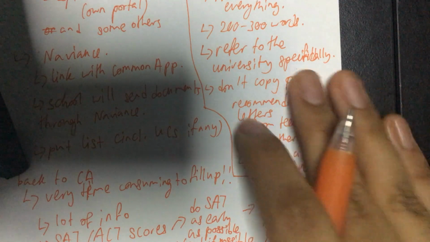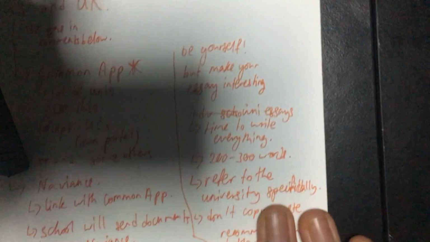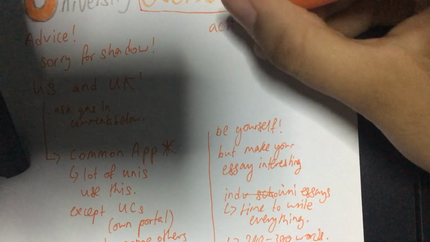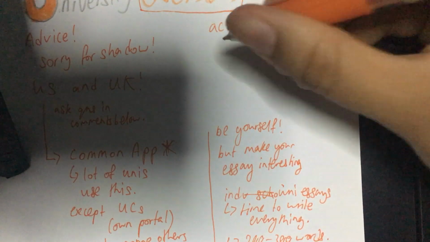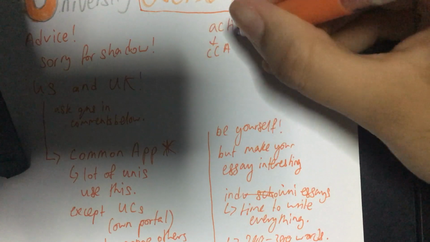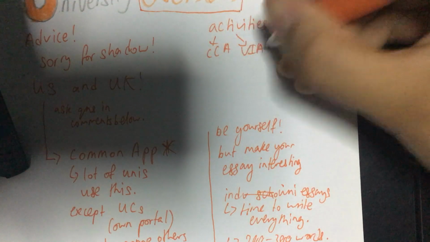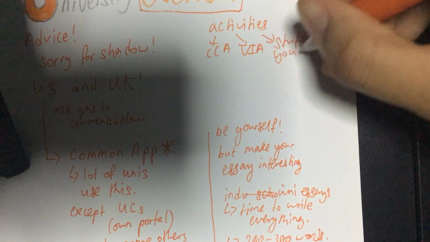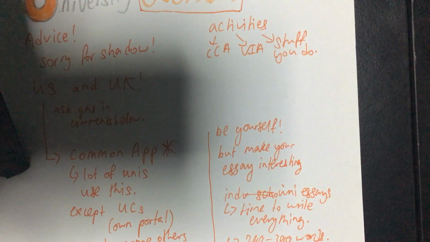You can include your CCA, you can include your VIA, you can include pretty much anything you do. You can just include your weekly piano lessons. Just include things that matter the most in your life, I guess, apart from the A levels, obviously. Just put the most meaningful things to you in your JC experience, or your secondary school as well. You can include that.